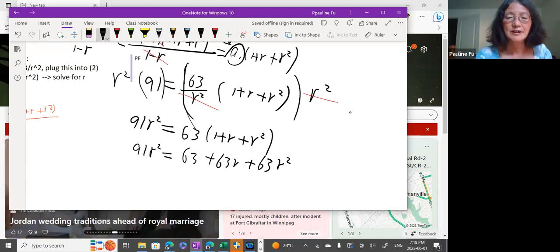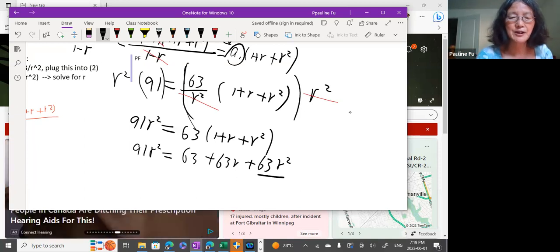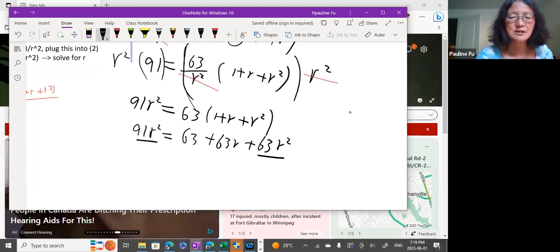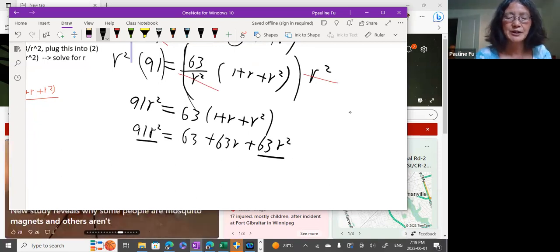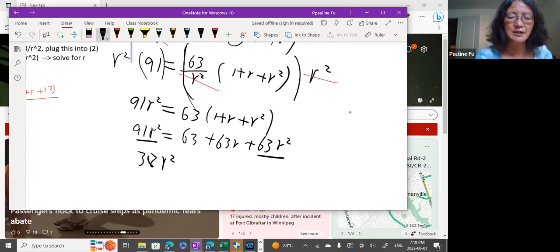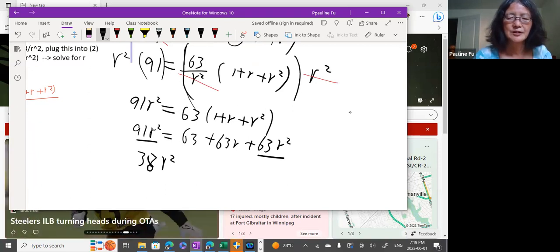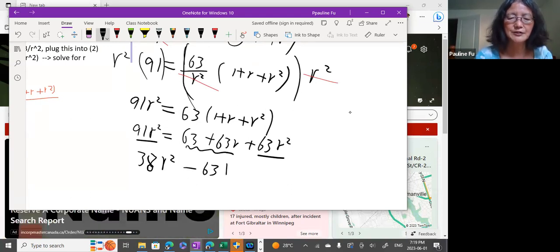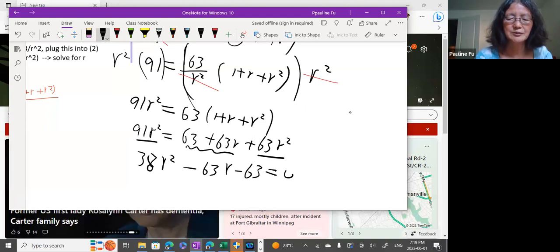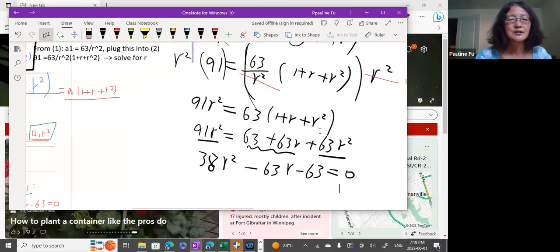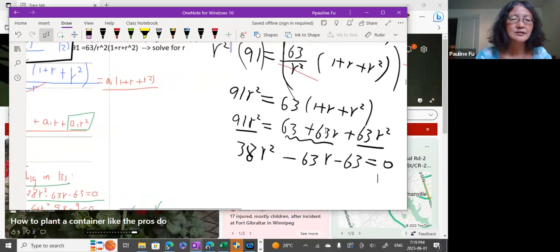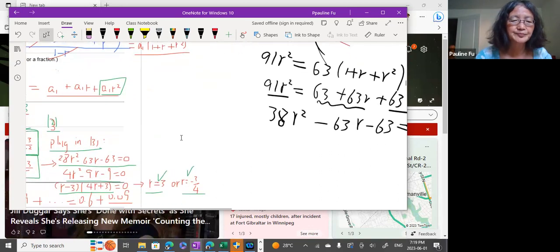Okay. And now collect like terms, 63 R squared and 91 R squared. So 91 minus 63 is what? 38 R squared. Okay, and then move these two items to the left-hand side: minus 63 R minus 63 equal to 0.